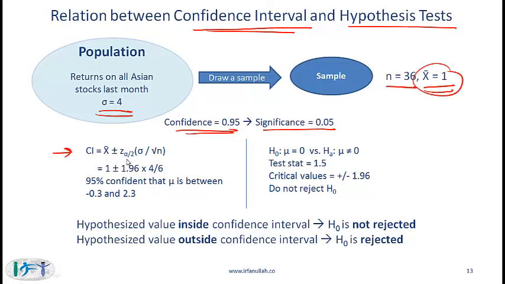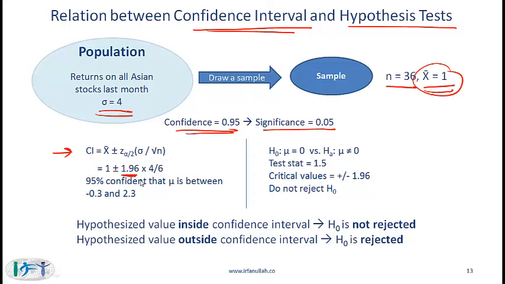We call this the reliability factor. Alpha is 0.05, so alpha over 2 is 0.025, and the number that corresponds to 0.025 is 1.96, multiplied by the standard error, which is sigma over root of 36.